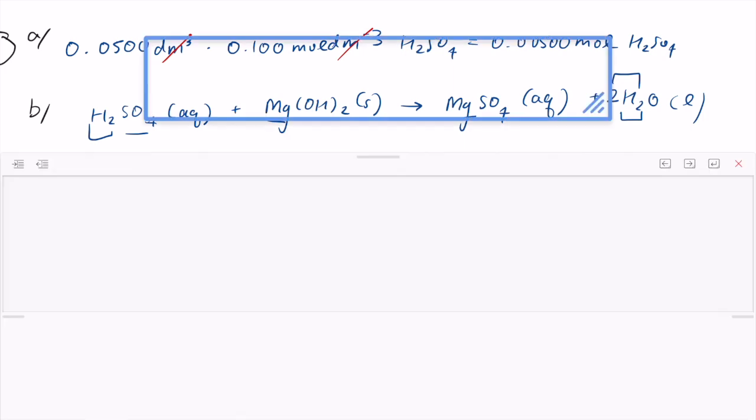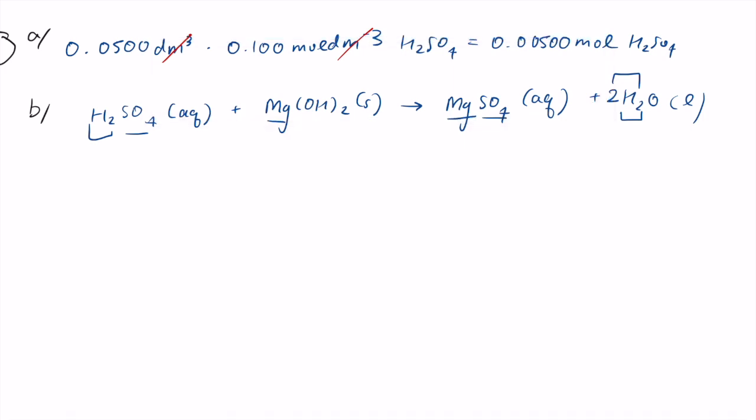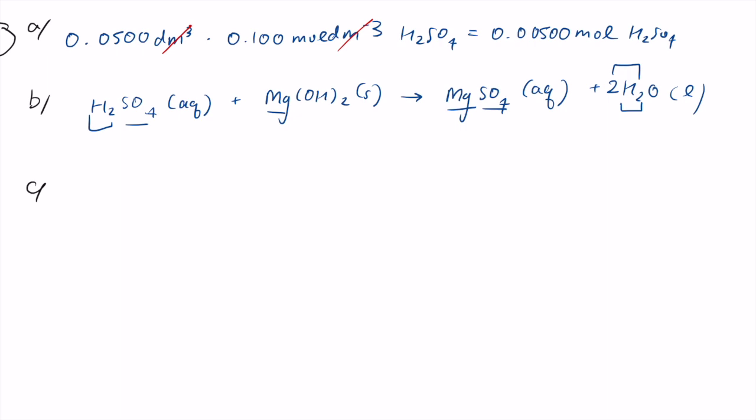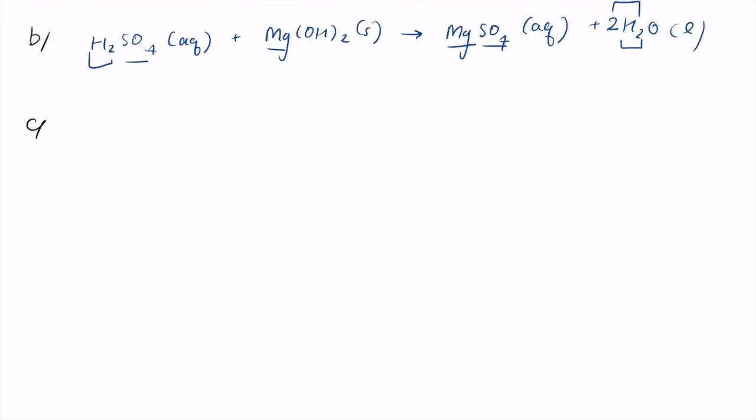Now let's move on to the next question, C. The excess sulfuric acid required 20.8 cm cubed of 0.1133 molar NaOH for neutralization. Calculate the amount of excess acid present. So this looks like a back titration to me.